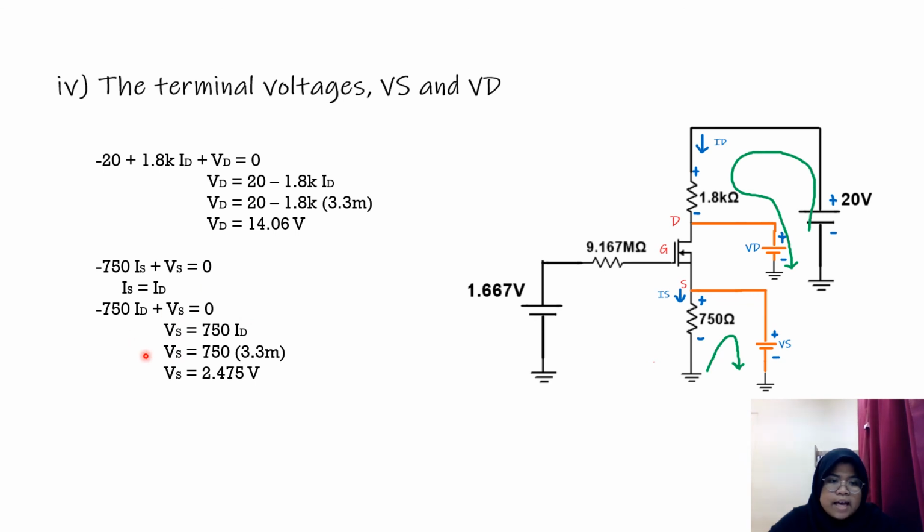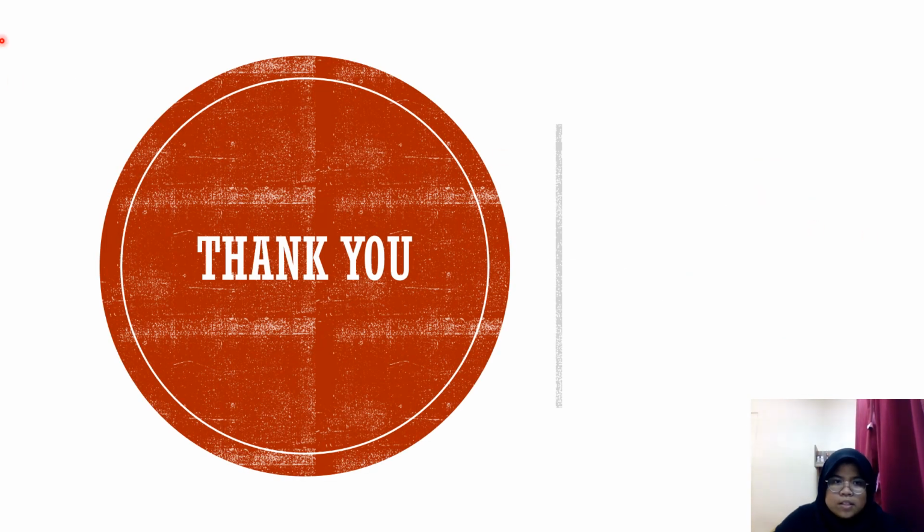To find VS, move negative 750 ID to the right, and VS will equal to 750 ID. ID is equal to 3.3 milli. So the value of VS is equal to 750 times 3.3 milli, and the answer we get is 2.475 volt. That's all for me.